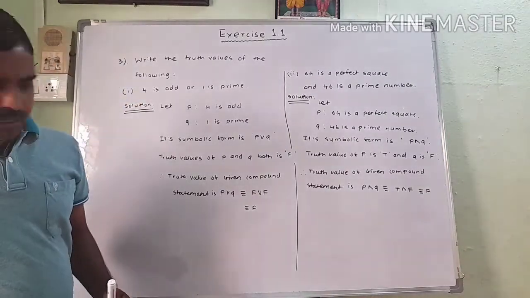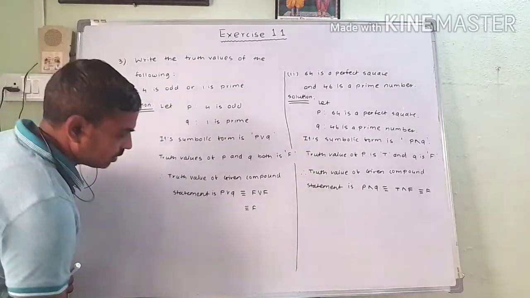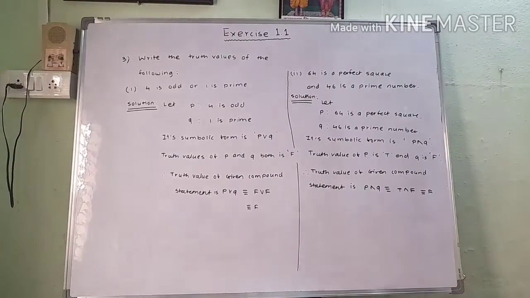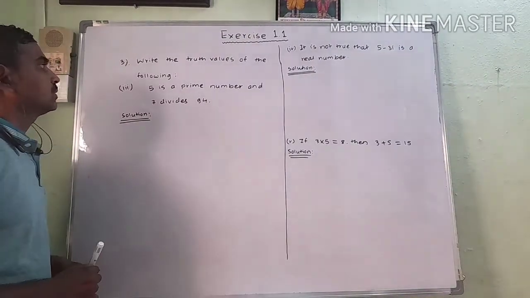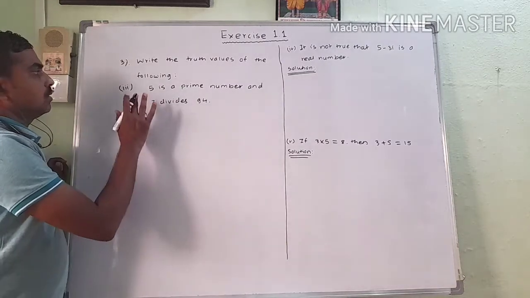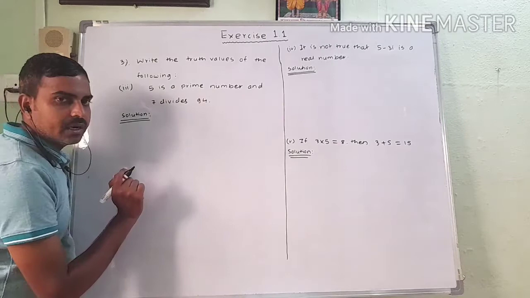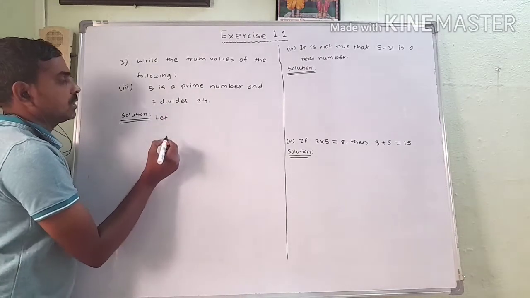Now we will see the solution of the third compound statement: 5 is a prime number and 7 divides 94. We will see the truth value of this compound statement.